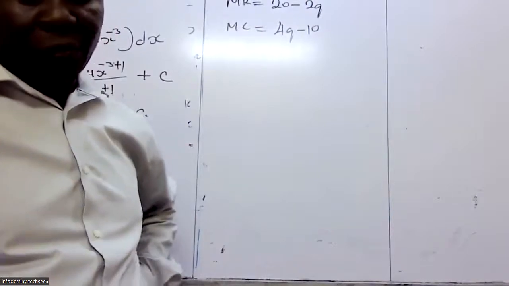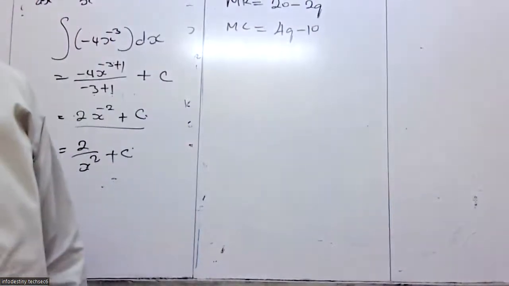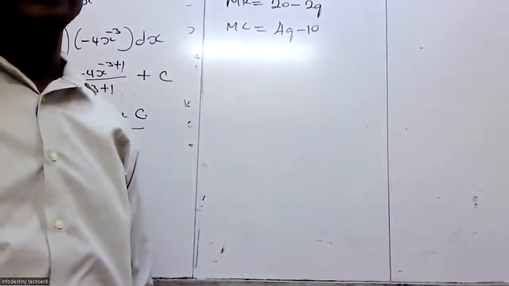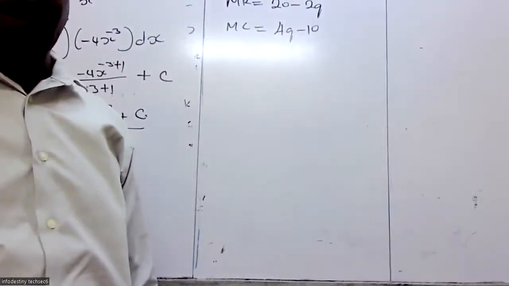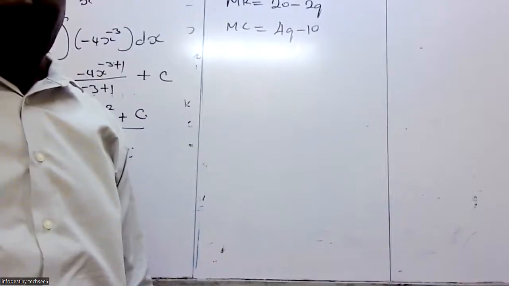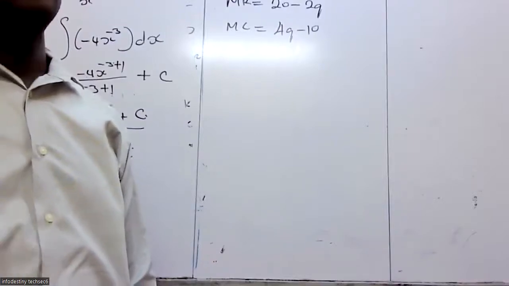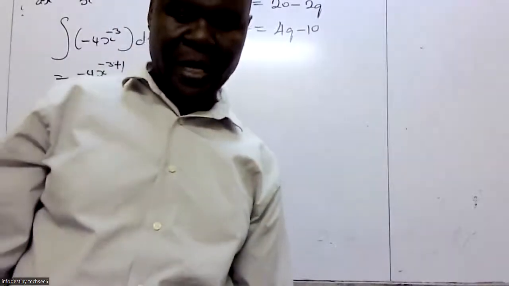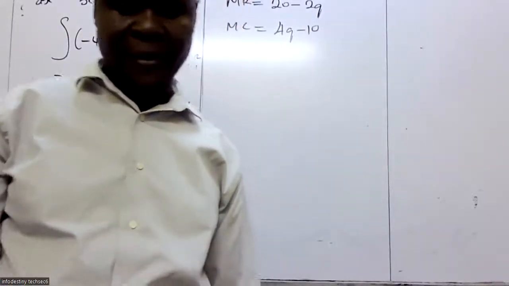The next one, they want you to compute the average total cost at the profit maximization output. Then the next one, they want you to compute the break-even output.